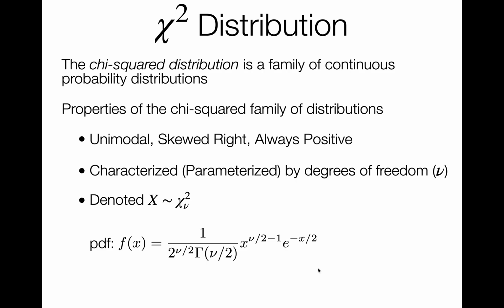How I denote a random variable that has a chi-squared distribution is like that: the chi-squared, and then in the subscript I put the degrees of freedom nu. I've always put in these past slides the PDF of that distribution. You don't really need to worry about it, but there it is, just for posterity.